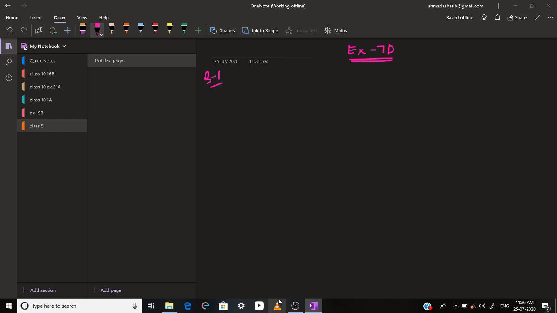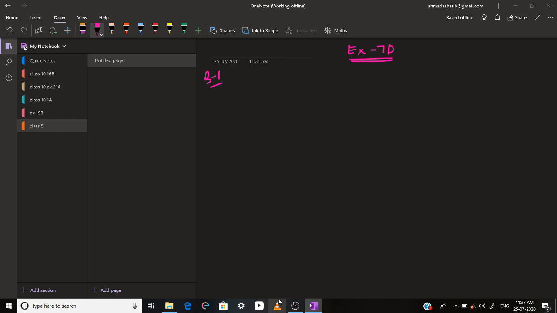In that table it is given how we can check the divisibility of a given number. For example, divisibility by 2, by 3, by 4, by 5, by 6, by 9, by 10, by 11, and by 15. All these rules are given.